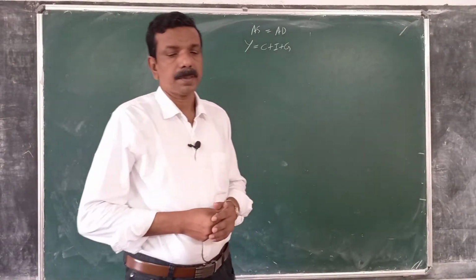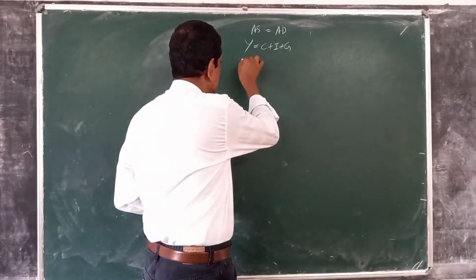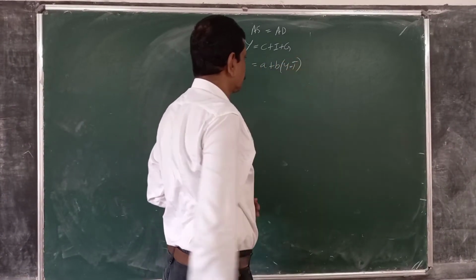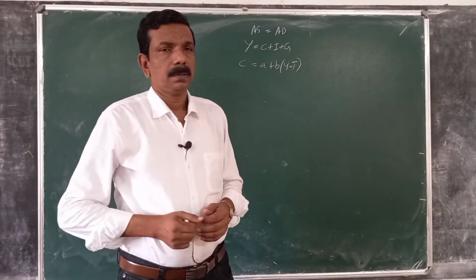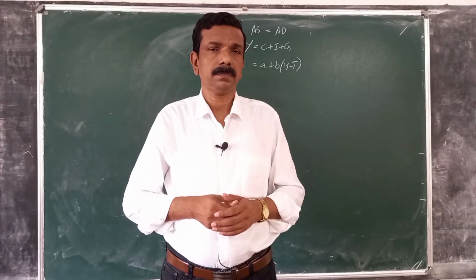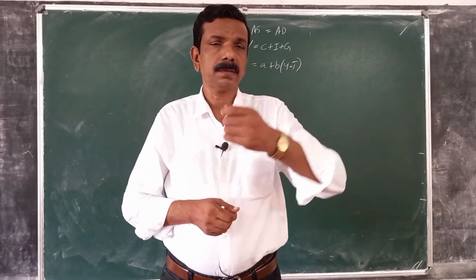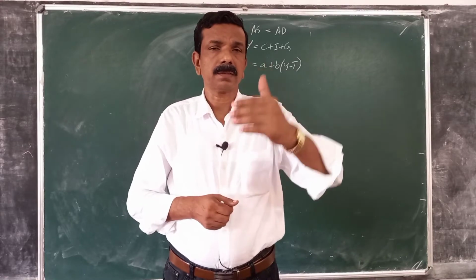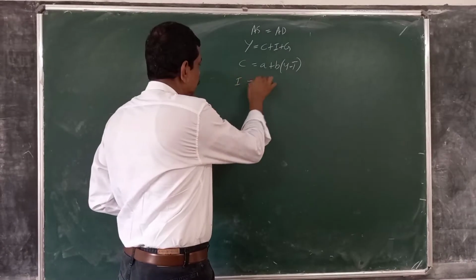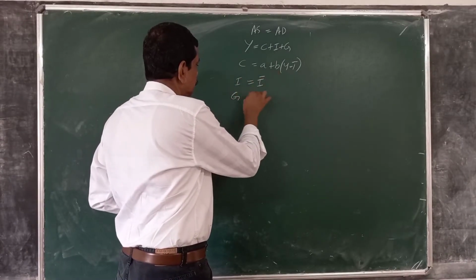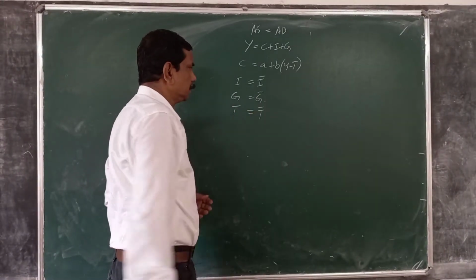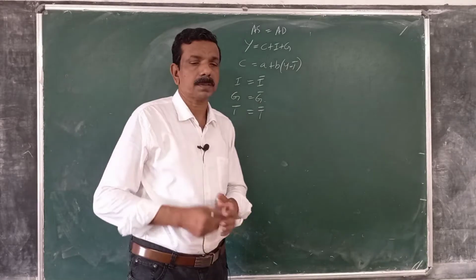C is equal to A plus B(Y minus T). Consumption depends on disposable income. Remember the assumptions we have considered in the context of the three-sector model. I is assumed to be exogenous, G is also assumed to be exogenous, T is also assumed to be exogenous constants.